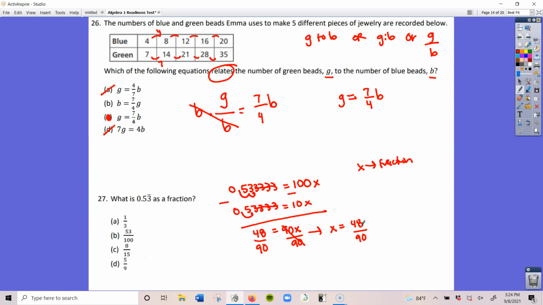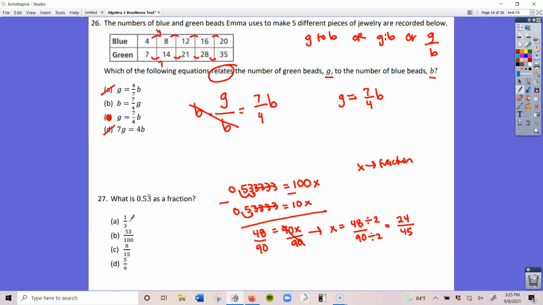48 and 90 are both even numbers, so we can divide each of those numbers by 2. 48 divided by 2 is 24, and 90 divided by 2 is 45.